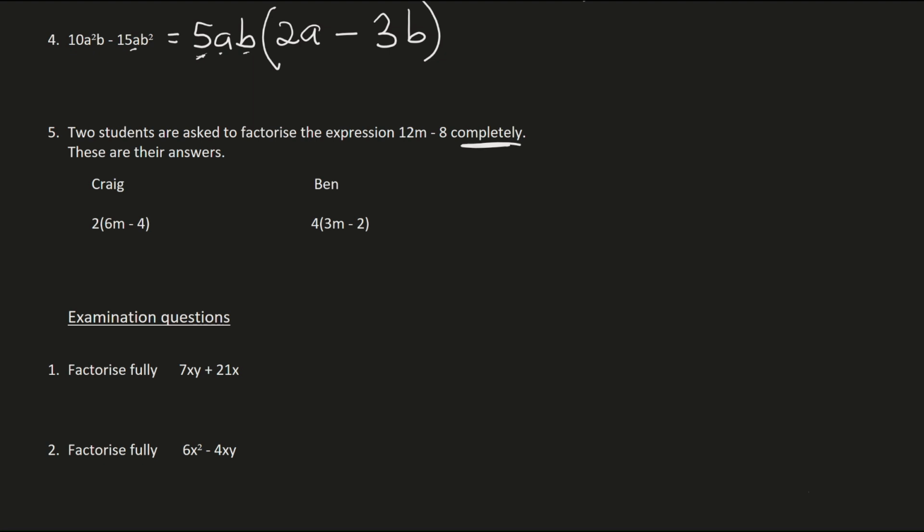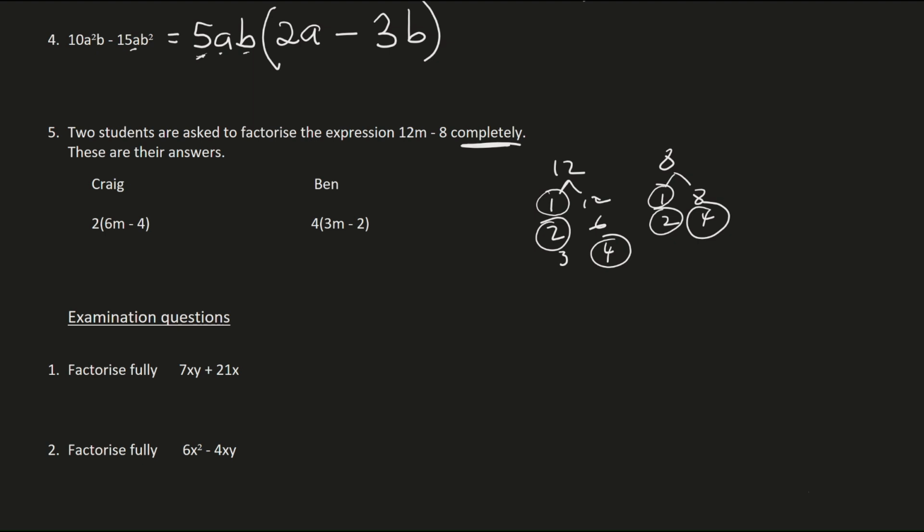question. So let's work out the highest common factor for 12 and 8. So I have 1 times 12, 2 times 6, and 3 times 4. For 8, I have 1 times 8 and 2 times 4. What are the common factors? 1 and 1, 2 and 2, 4 and 4.